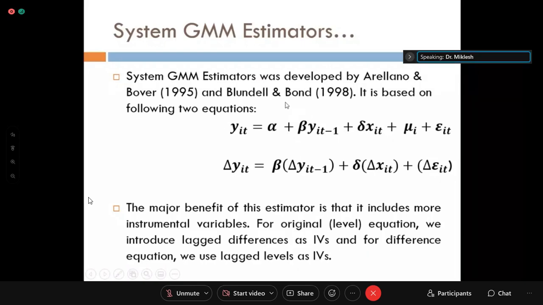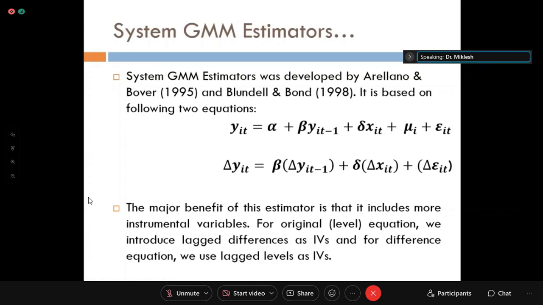But in system GMM, it considers both the equations. First it considers the level, and then it considers the difference also. The major benefit of this estimator is that it includes more instrumental variables. For the original level equation, we introduce lag of differences as IVs, and for the difference equation, we use the lag levels as IVs.